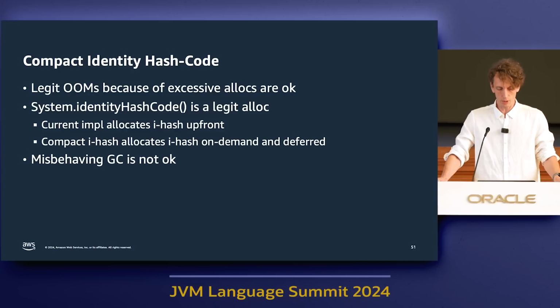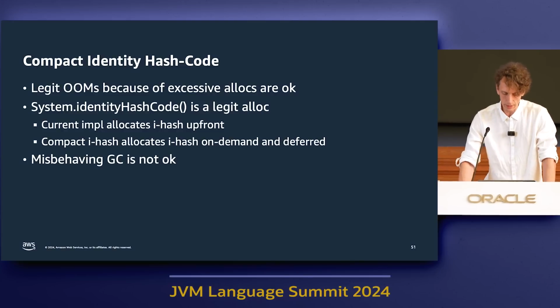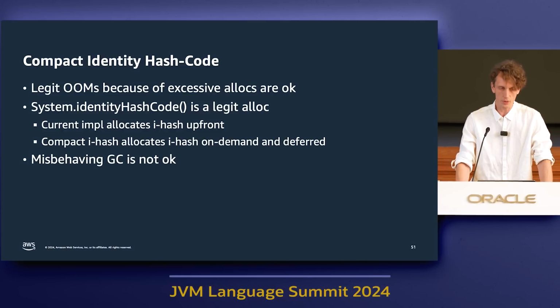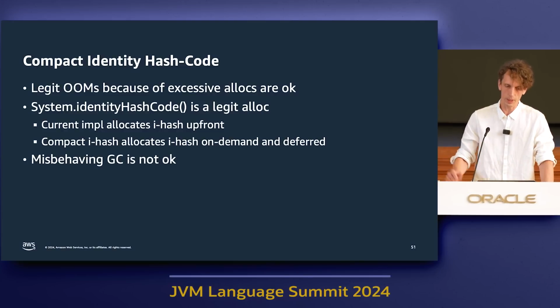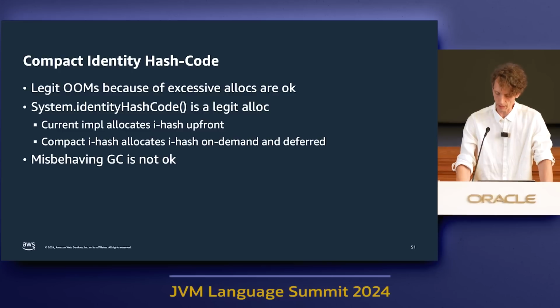The current implementation does this upfront. It basically allocates this slot for identity hash code upfront for all objects. The compact identity hash code implementation does it only on demand and in a deferred manner. So I think it's okay to throw out of memory if we cannot deal with this.